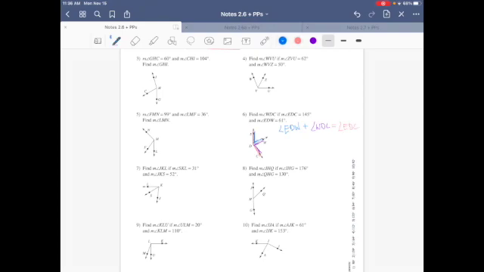So now let's plug in what we know. We know EDC, that's the big one, is 145 degrees. We know EDW, the blue one, is 61 degrees. And they said to find WDC. So we're going to just leave this WDC.